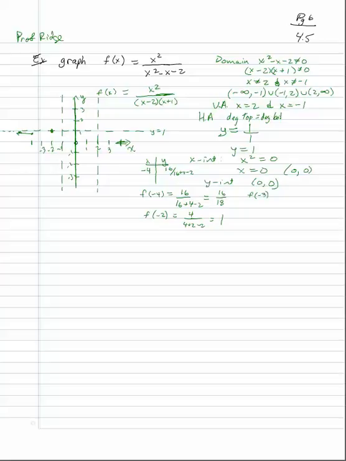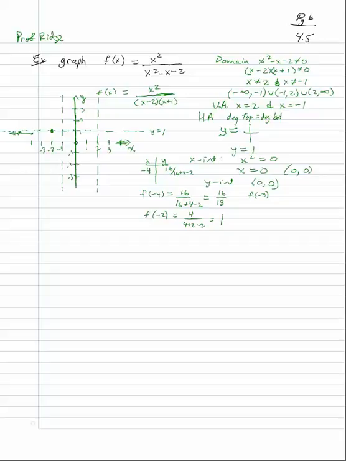F of negative 3. So that's a misconception. A lot of people think that you can't cross an asymptote, but horizontal asymptotes, yes, you can. We're just talking about what's happening at the extreme ends. In the middle, I can cross it, right? But at the extreme ends, I'm getting closer and closer to it.